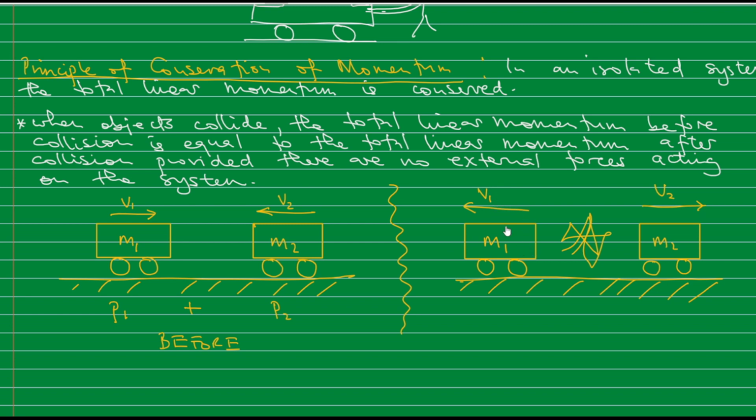The velocity after the collision we'll call the final velocity, so this is V1 final and V2 final. The velocities before collision are V1 initial and V2 initial. So we can calculate the total momentum before they collide and the total momentum after collision.